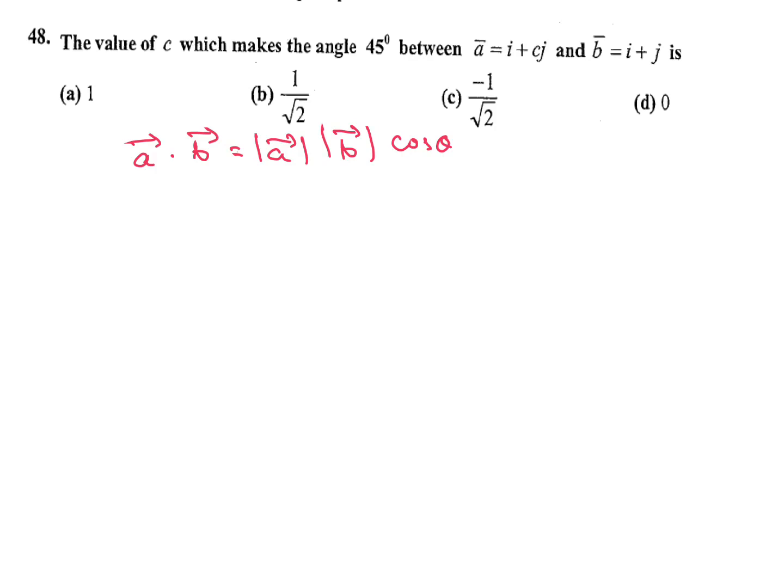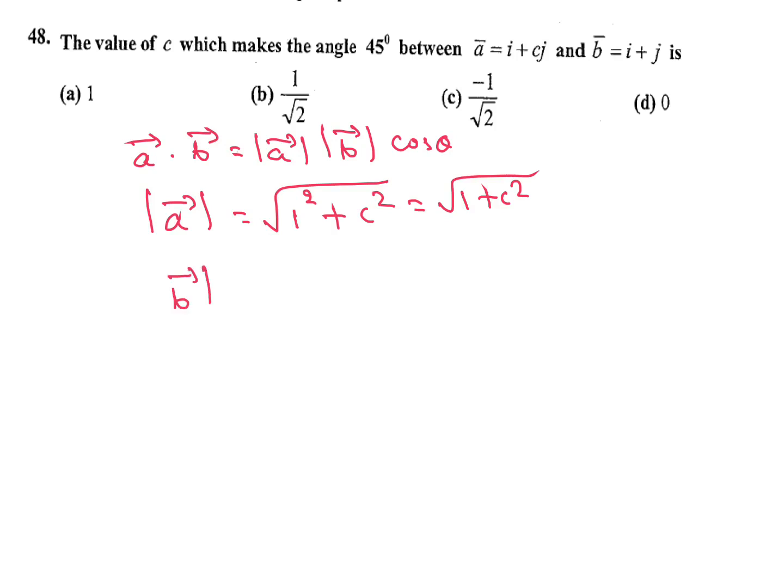So A vector magnitude is I plus Cj, so 1 square plus C square root over, it's root of 1 plus C square. Then B vector magnitude. B vector is I plus J, so 1 square plus 1 square root over, it's root 2.